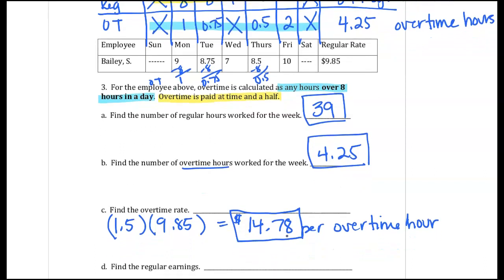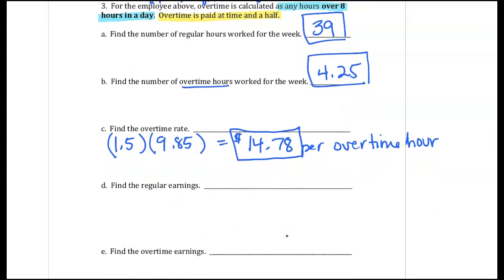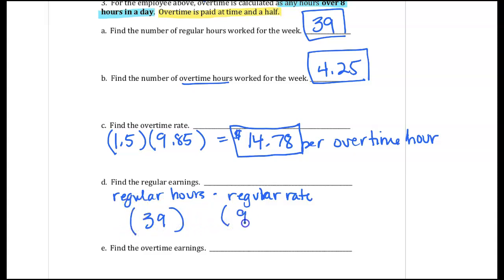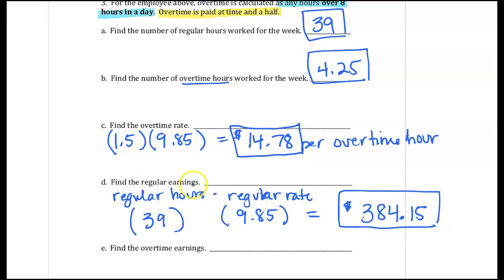Part D is finding our regular earnings. Similar to before, we're going to take our regular hours times our regular rate of pay. Our regular hours were 39 this time, and our regular rate of pay was $9.85. That gives us a total of $384.15 for our regular earnings.